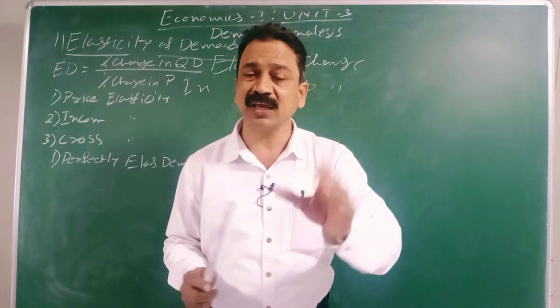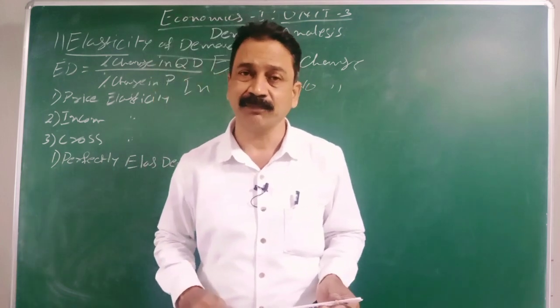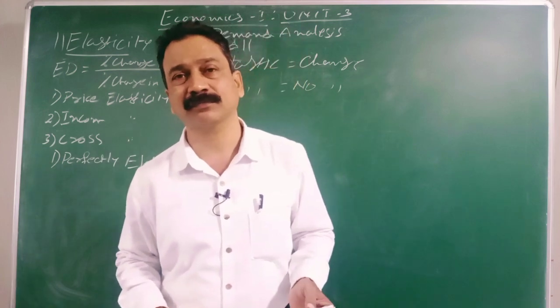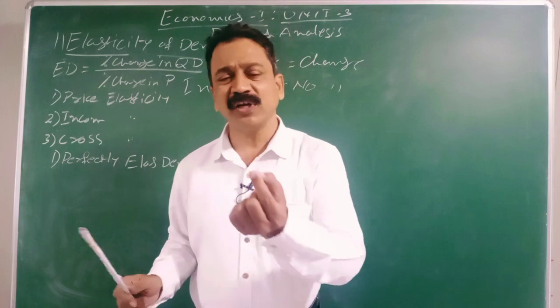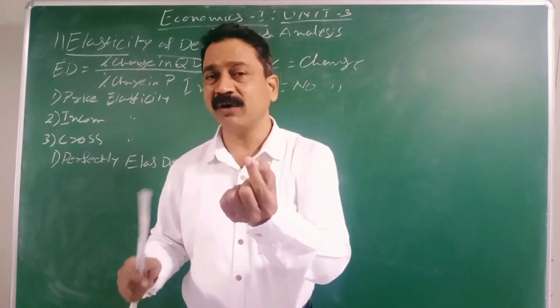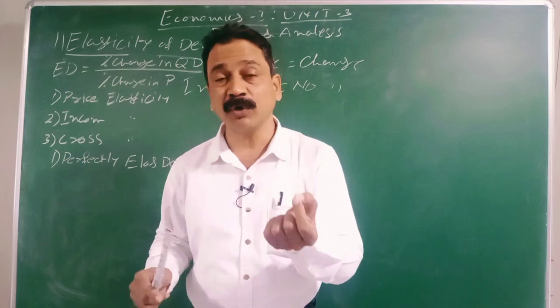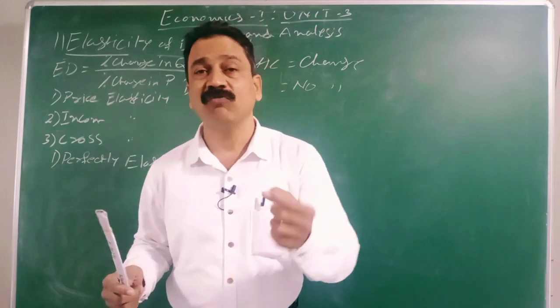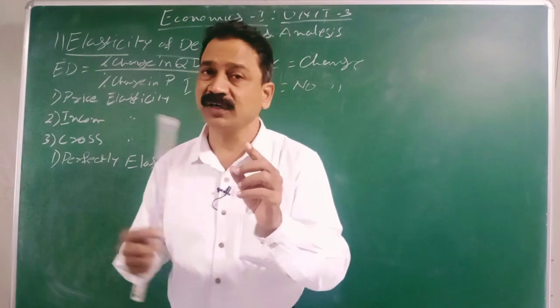With this we can see how these different commodities are affected by different prices. Some commodities are very sensitive. Whether there is a little bit change in the price, demand will increase or decrease. And some commodities are too different. Whether there is any change in the price or not, either demand increases or decreases.